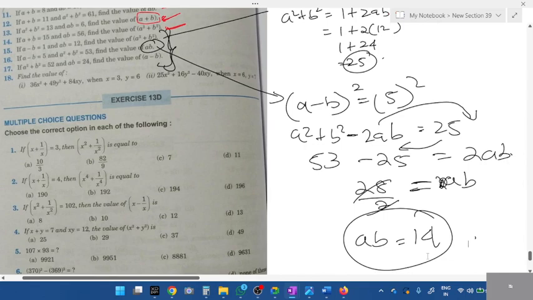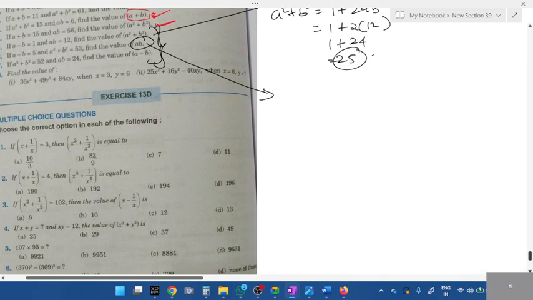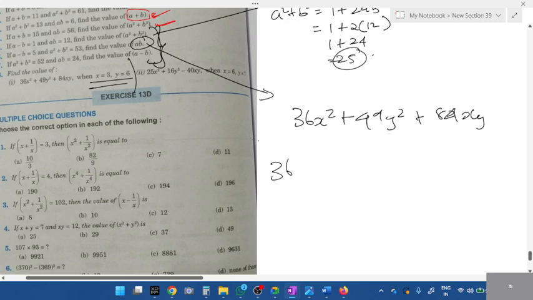Okay, ab is 14. Next one, you all do it, students. Next one is also the same. Last question. See, in the last question, they'll give you a value like this, and they'll give you x and y, students. What is the x and y value for this? x is equal to 3. Just put 3 here, 3 the whole square plus.